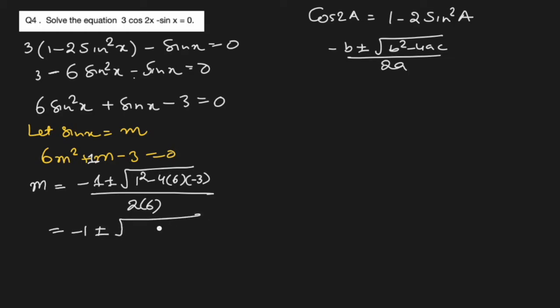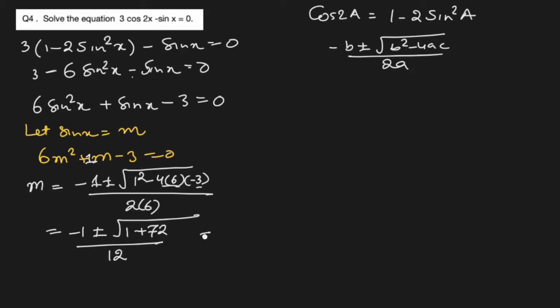Minus 1 plus minus the square root of 1 plus 24 times 3, 72, over 12. So if I use this as plus, I get 0.6287, and if I use negative, I get negative 0.7953. These are the values of m, right?